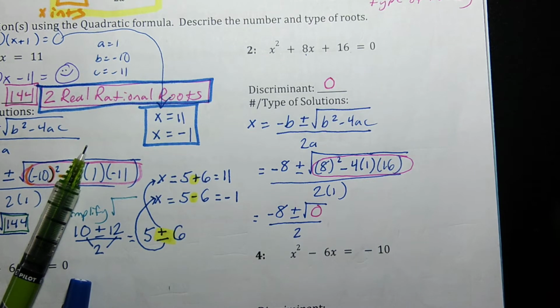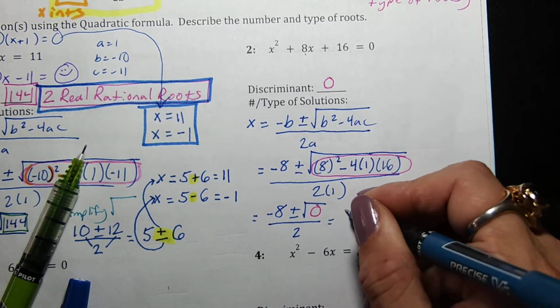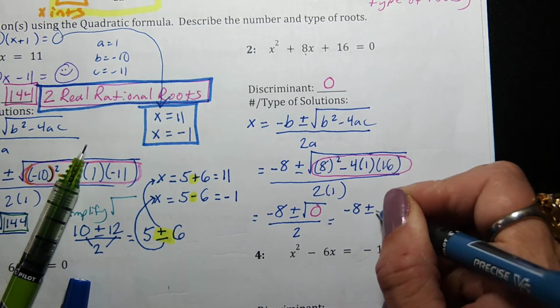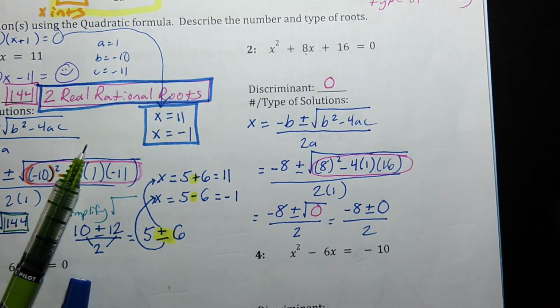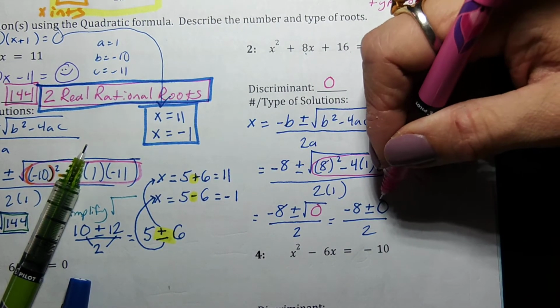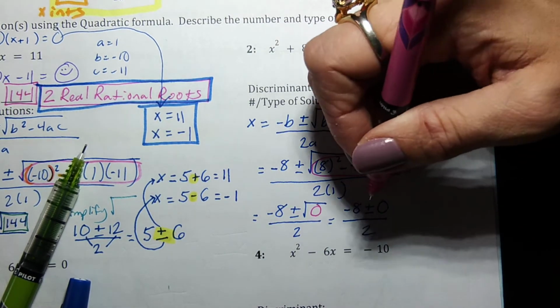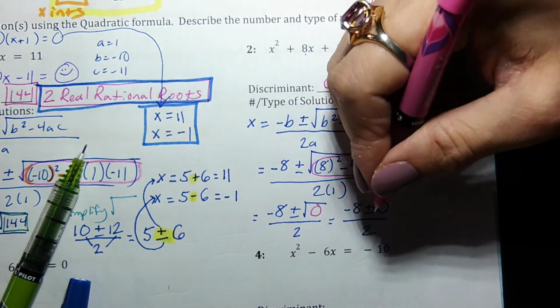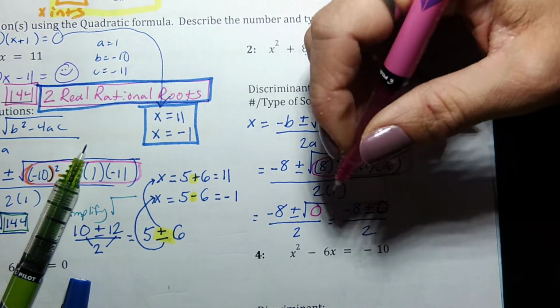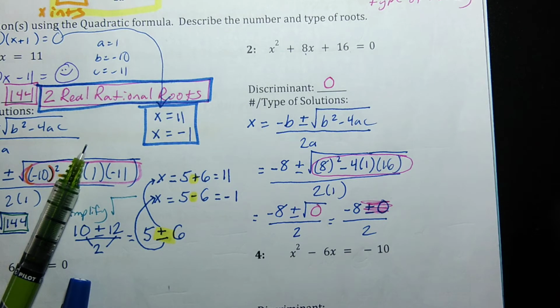Well, 0 is technically a perfect square, because what's the square root of 0? 0. So I get negative 8 plus or minus 0 over 2. If I have negative 8 plus 0 and negative 8 minus 0, is that plus or minus 0 really doing anything? No.